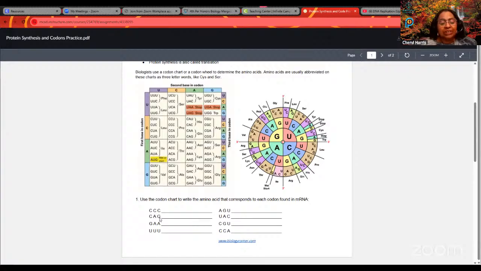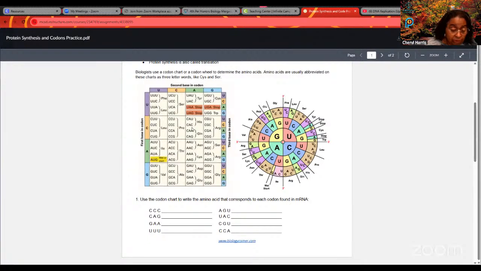CAG. So C, again, is going to be the 2nd row. And then the second letter is A. So at the second base, A is the 3rd column. So I'm going to go from my 3rd column down to my 2nd row because that's where the C was.